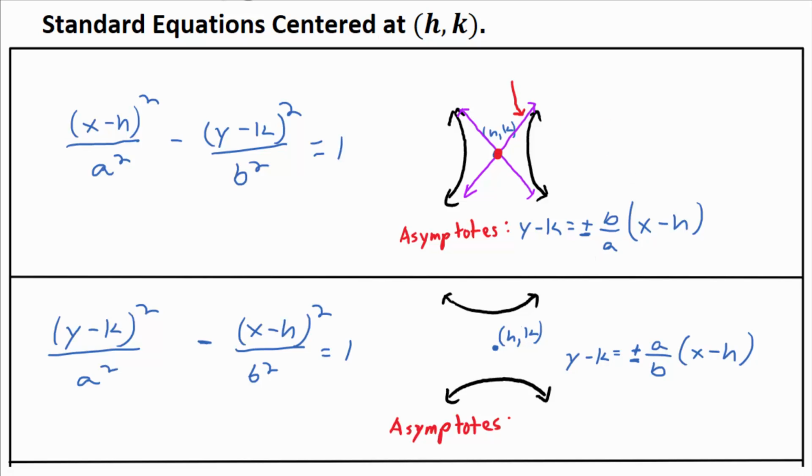All you have to do is use the point-slope form of a line: y minus y1 equals m times (x minus x1), where (x1, y1) is a point on the line, like (h, k), and m is the slope. So all you do is plug in. We'll plug in k here, and we'll plug in h here, and we'll plug in either b over a if it's the line that goes up from left to right, or negative b over a if it's the line that goes down from left to right.